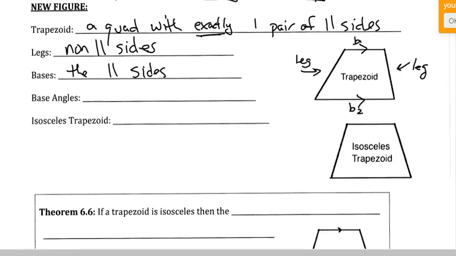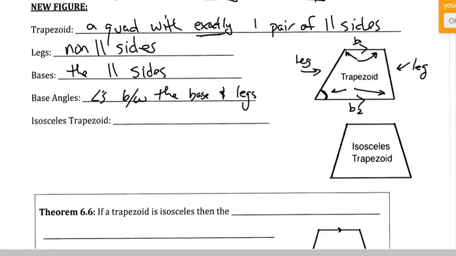Just know that the parallel sides are going to be your bases. Now the base angles are going to be the angles between the base and the legs. So here, this one and that one would be one pair of base angles, and up here would be another pair of base angles.